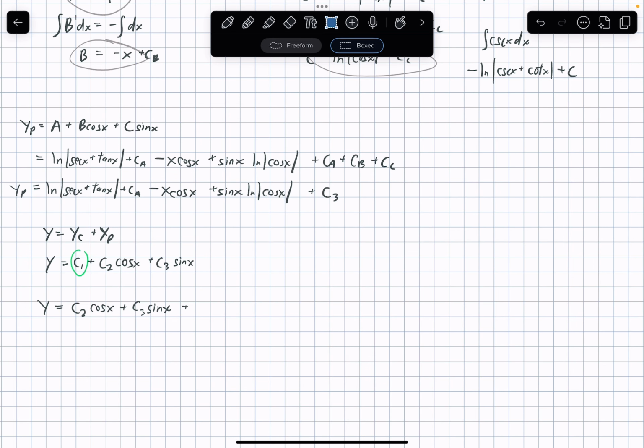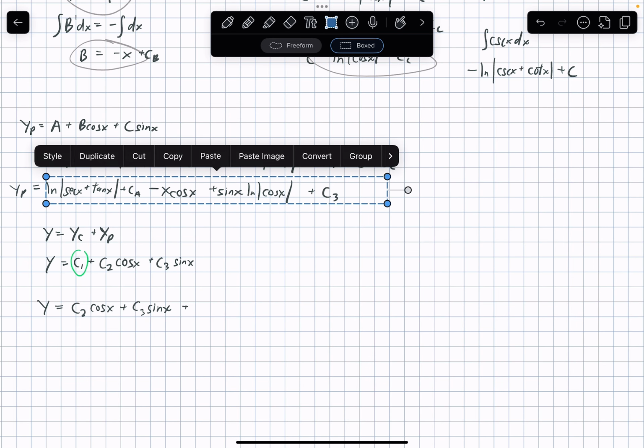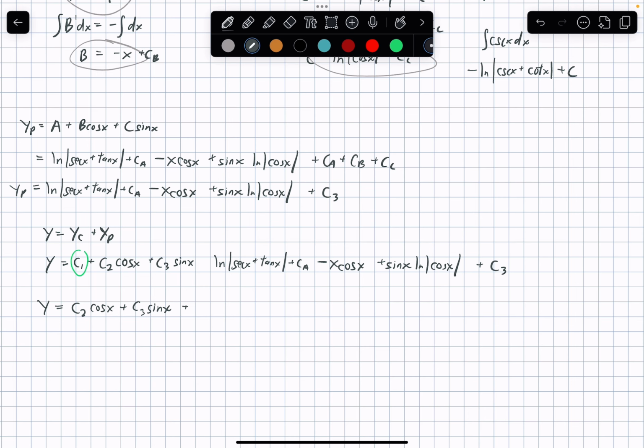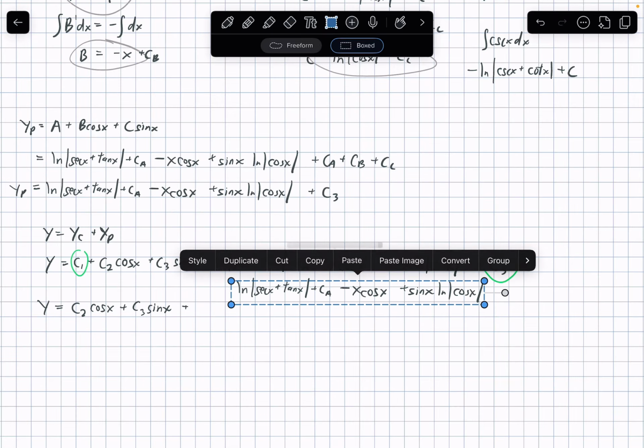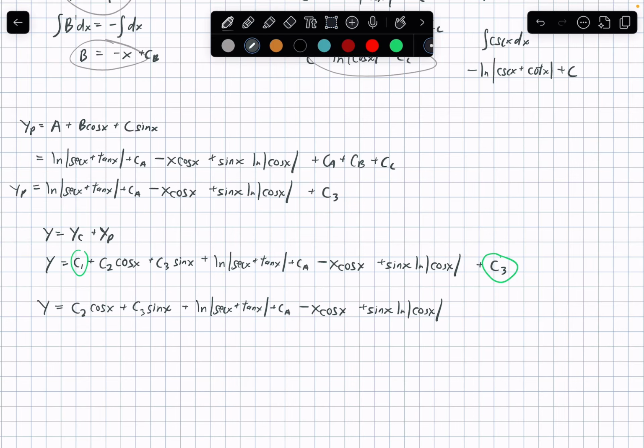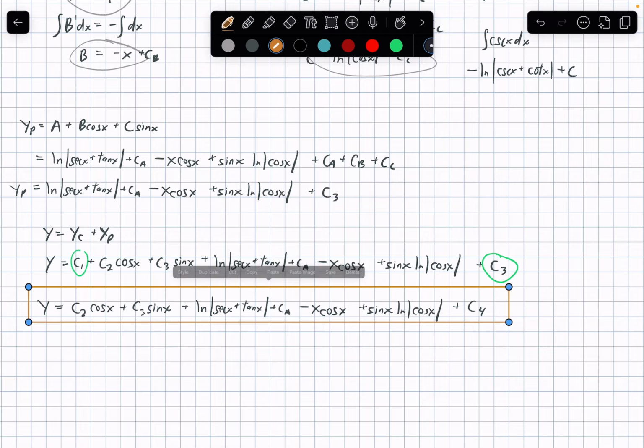These are like terms, and then just copy the rest, and then plus C sub 4. Okay, so this is the particular solution.